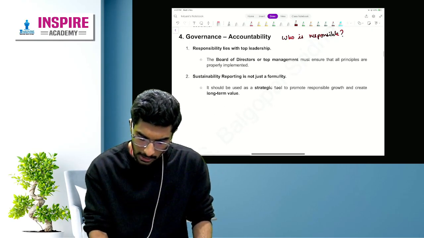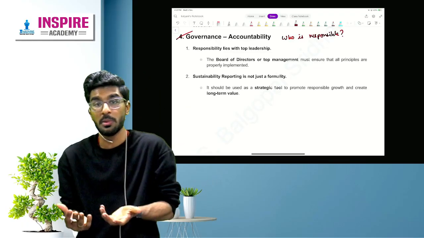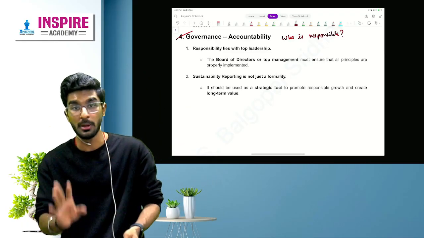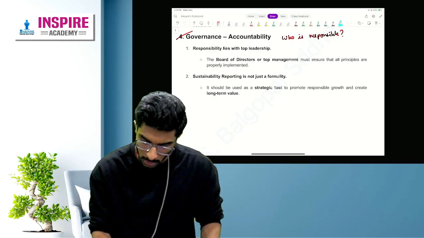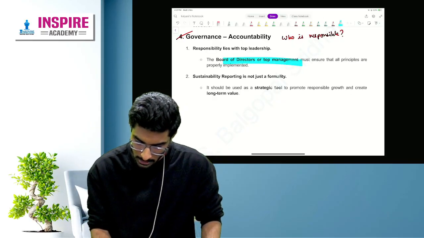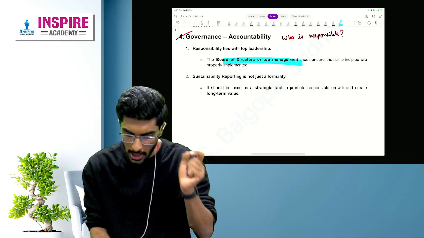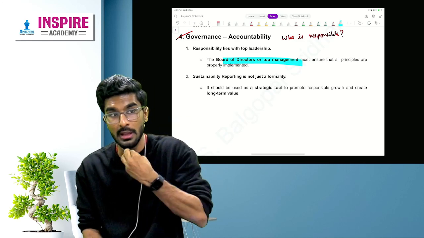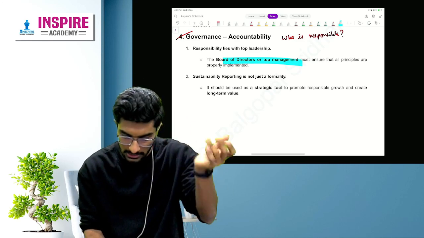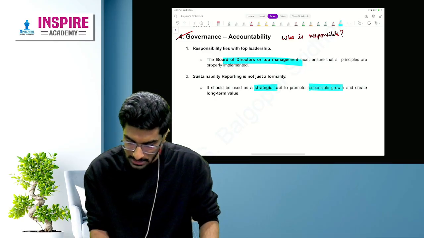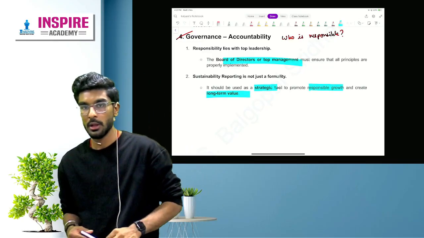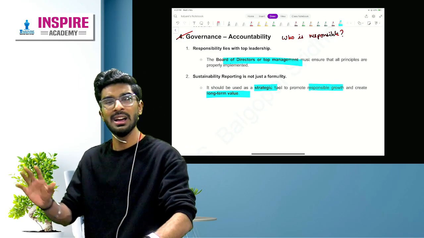So, third is also done, implementing and responsible reporting. And next is, people, accountability. Now, who is actually responsible to make sure that the BRSR report is actually getting reported? The BOD and the top-level management. Now, how should this BRSR reporting be looked at? Let's understand. It should be used as a strategy tool to promote responsible growth and create long-term value. You should not just look at it from a compliance point of view.